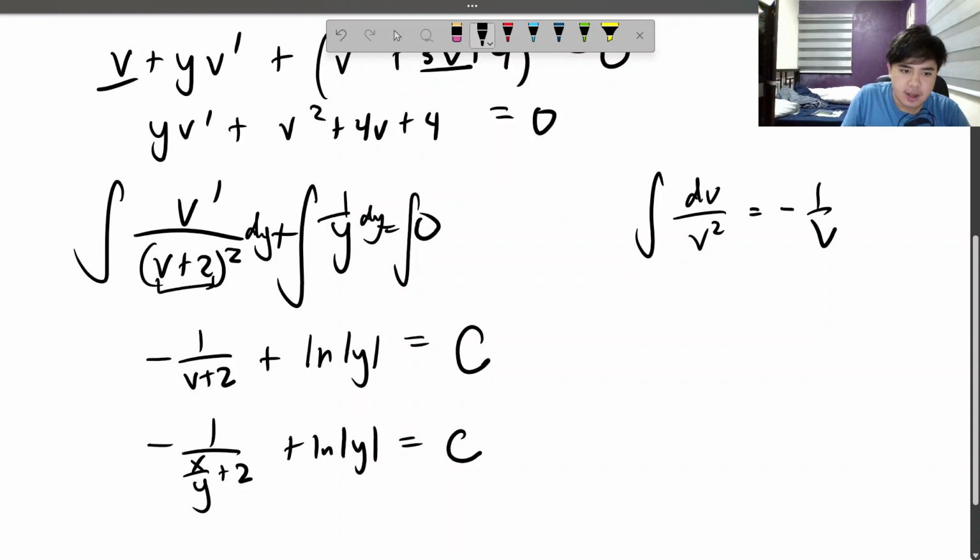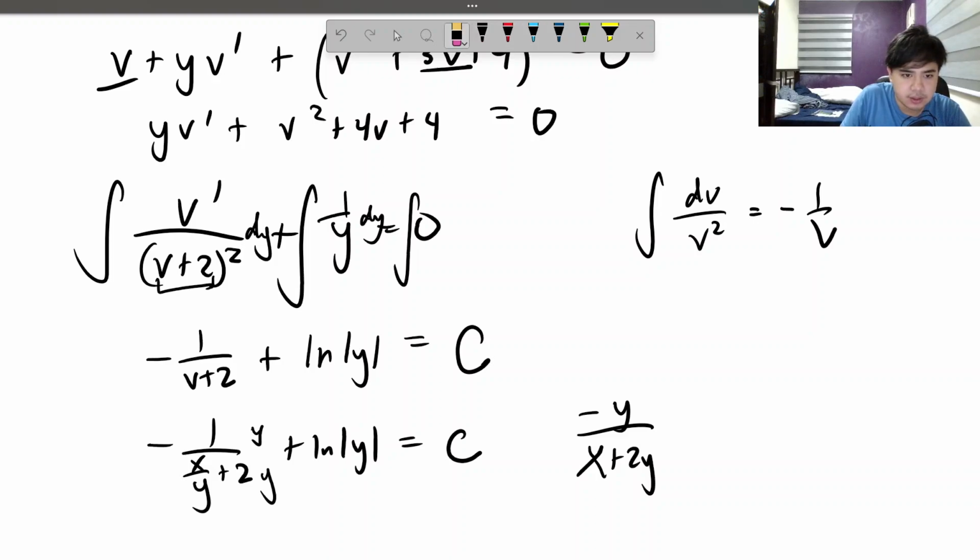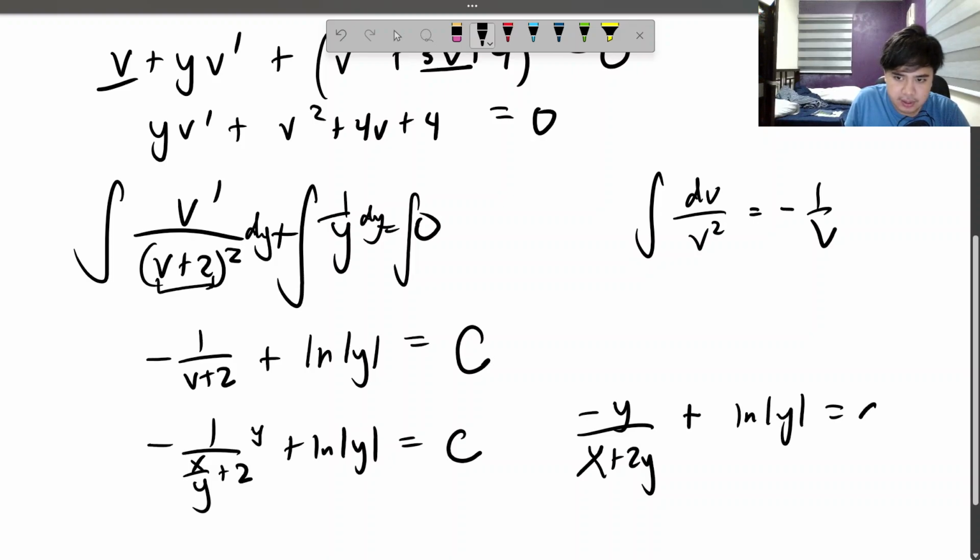There we go. And we multiply both the numerator and denominator here by y, we get negative y over x plus 2y. Yeah, this is just 2y. Sorry for the error. Plus ln of y equals c.